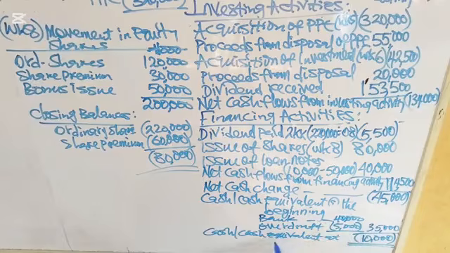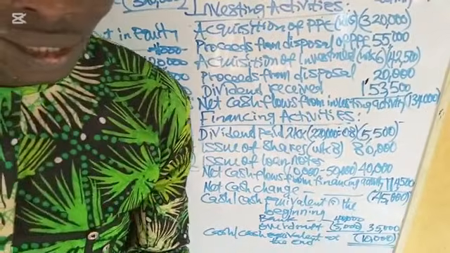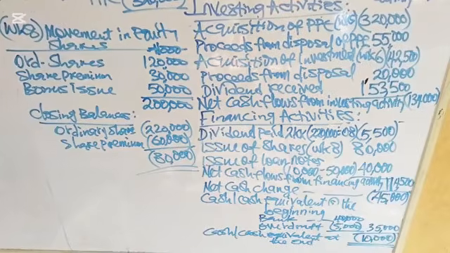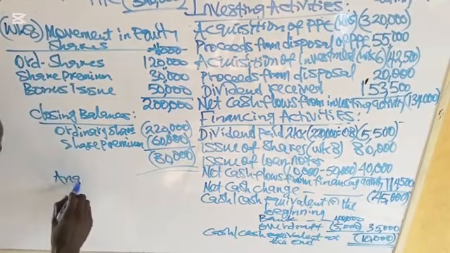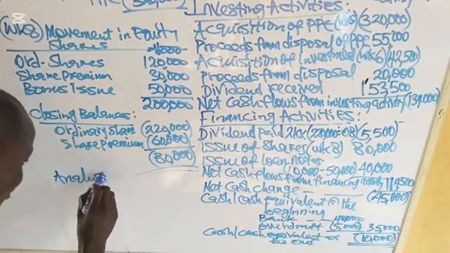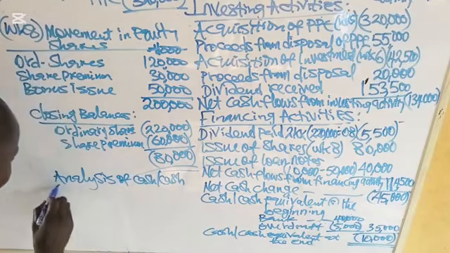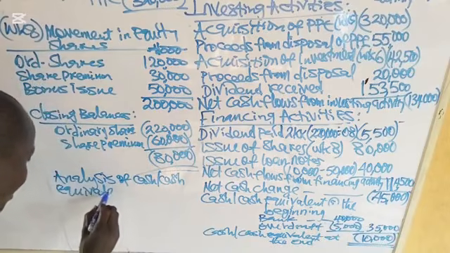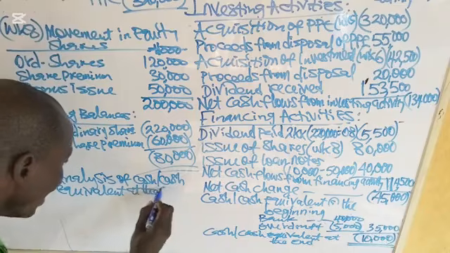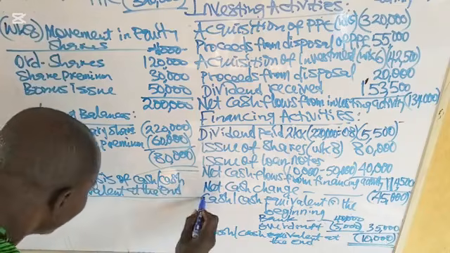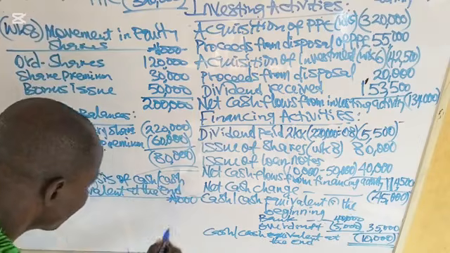At the end, you now want to analyze this. It's part of your solution: analysis of cash or cash equivalent at the end of the period. The cash or cash equivalent at the end comprises bank.